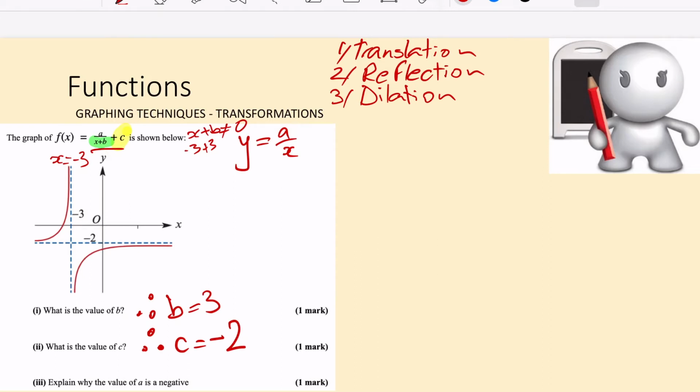Okay, explain why the value of a is a negative. So this is an explanation question, so a written response is what is required.